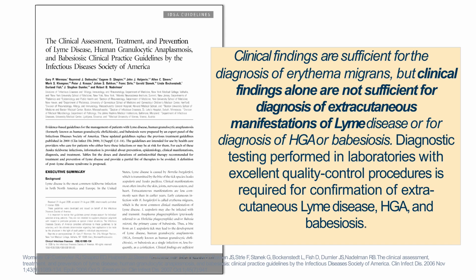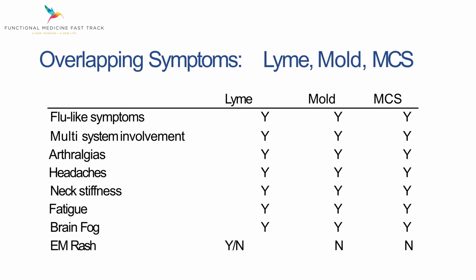And that is half the problem, is people are misdiagnosed, mistreated, and there is the difficulty in just moving one step forward in a functional medicine type of acronym that we know through the Go To It can be difficult in just bringing all these things together. And this is the overlapping symptoms that I was talking about just between Lyme, mold, and multi-chemical sensitivities, is they are so similar.